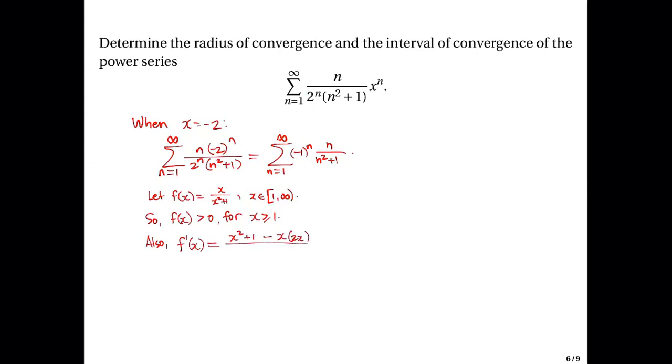All over low squared. So x squared plus 1 here, quantity squared. And if we simplify this, we'll just get 1 minus x squared over x squared plus 1, quantity squared.